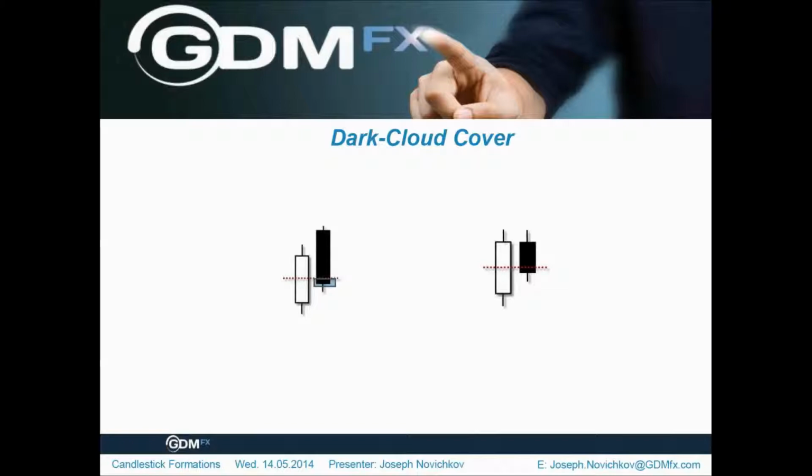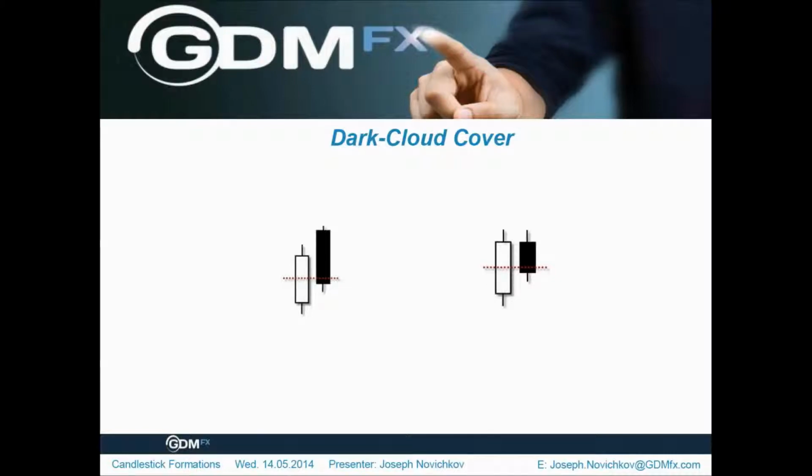So this is what we are looking for. We're looking for a gap if possible, because as you can see on this picture over here, it's not necessary to have a gap, but still the candlestick is finishing way below the middle of the previous session, which confirms that this is a dark cloud cover.